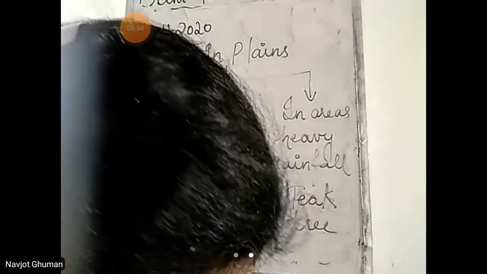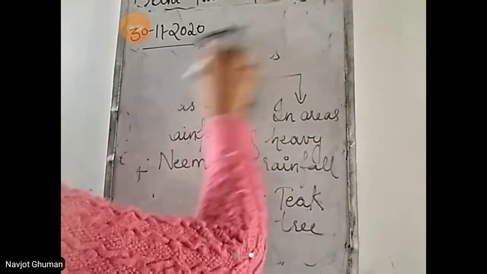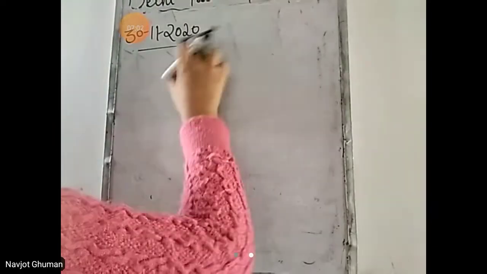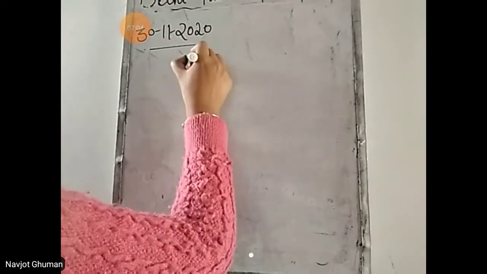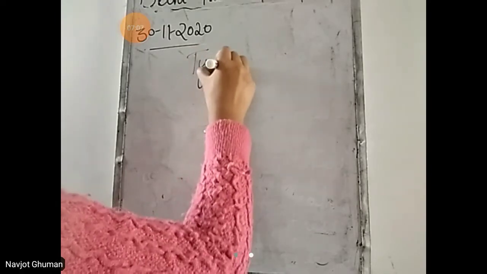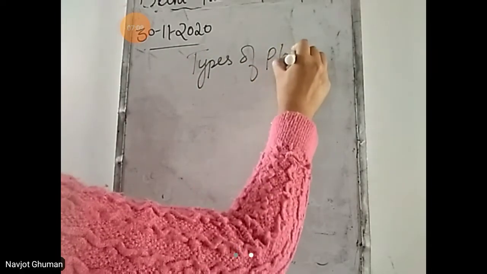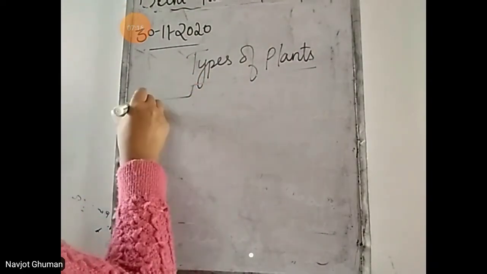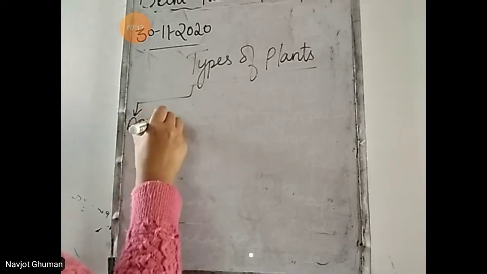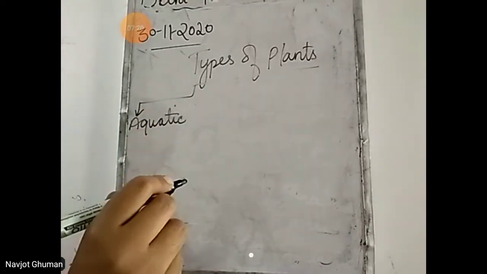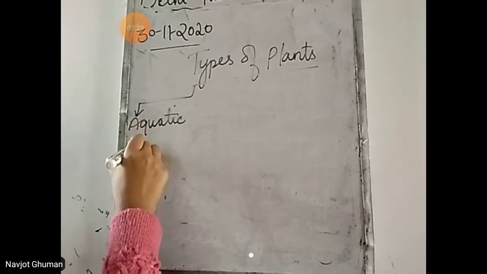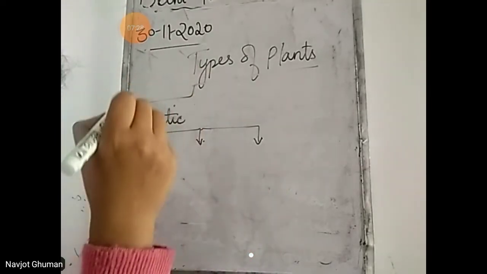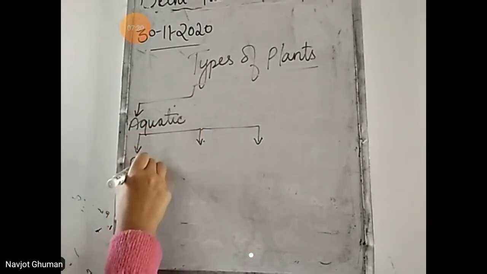Now come to the types of plants. First are the aquatic. Floating plants.